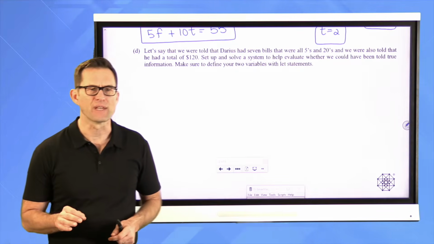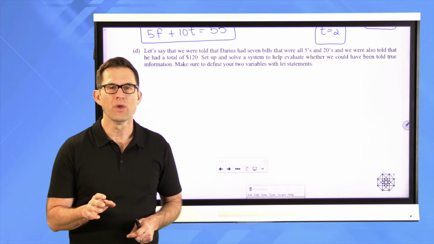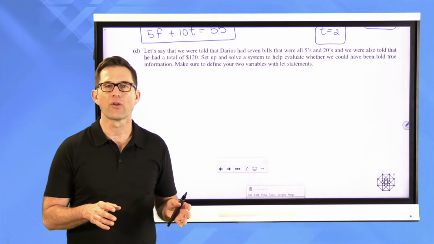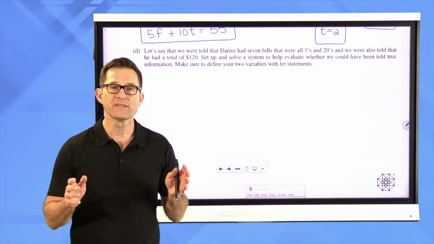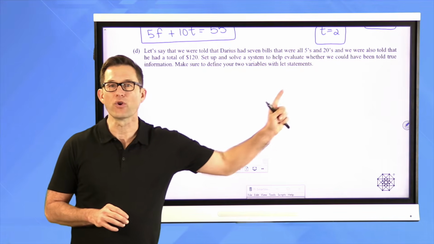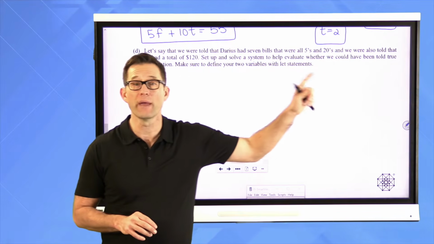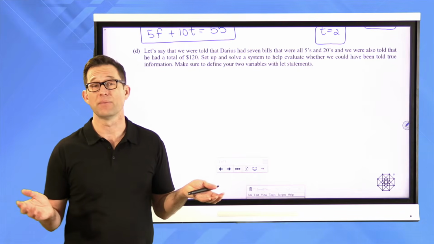Now this is interesting. Reading this question carefully, it doesn't say, try to figure out how many $5 bills and how many $20 bills Darius has. It literally says, set up and evaluate a system to see if we could have been told true information. So there could be something that we run into that makes us go, well, that can't be true.